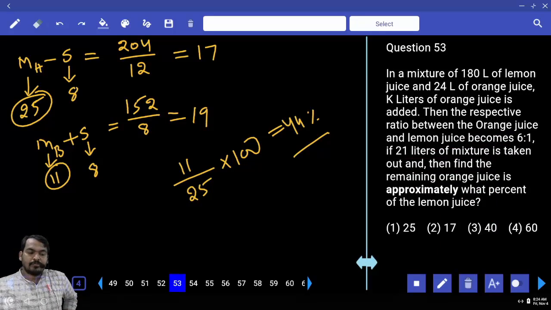Next question number 53. In a mixture of 180 liters of lemon juice and 24 liters of orange juice, k liters of orange juice is added, then the respective ratio between the orange juice and lemon juice becomes 6:1. If 21 liters of the mixture is taken out, then find the remaining orange juice is approximately what percentage of the lemon juice or not?